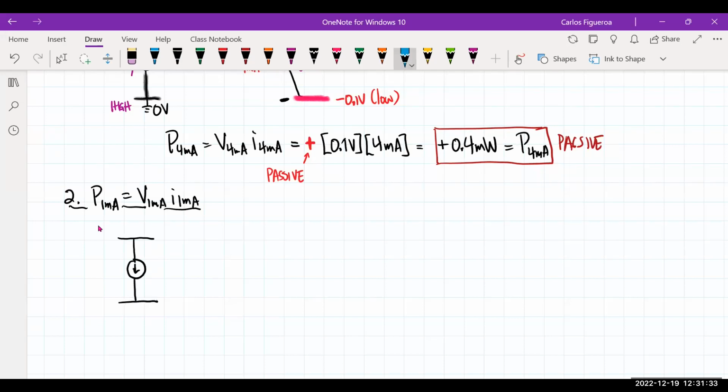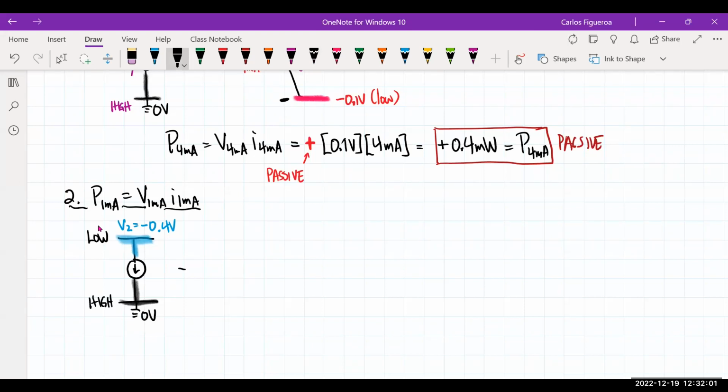So we know that I have a blue node right here, and that blue node tells me that its V2 is minus 0.4 volts. And then the ground, we know that in this case, represents the high. So this guy tells me that this is the low, and this one tells me it's the high.